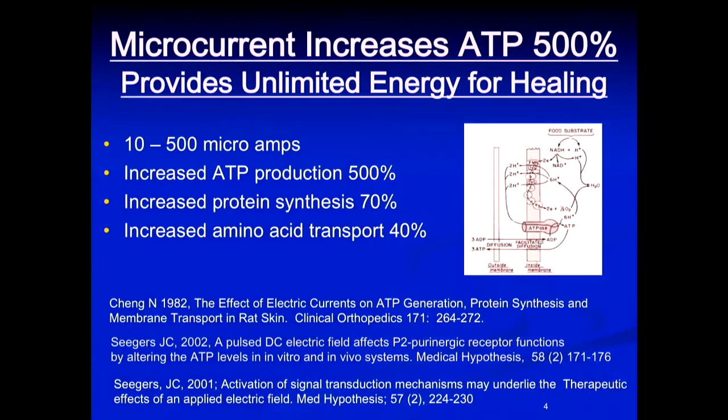So when you use the higher amperage devices and electrical therapies, they do what they do, but they decrease ATP production according to the studies. Nak Cheng in 1982, and then Seegers in 2001 and 2002. So the increased ATP allowed the cell to make more protein synthesis, increased by 70%, and amino acid transport by 40%.